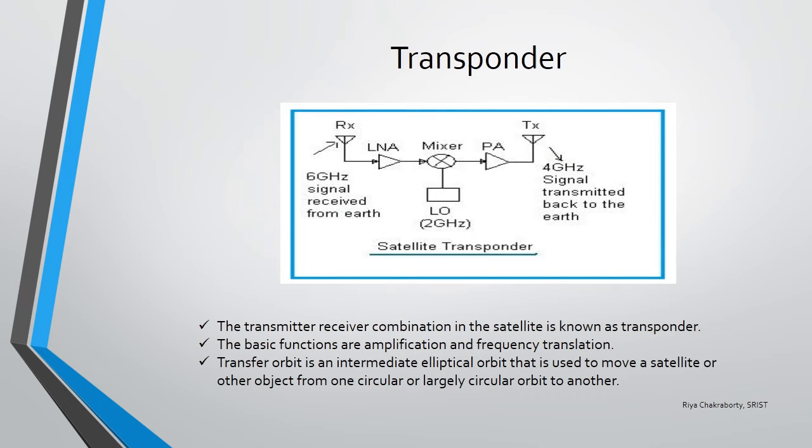Now, the most important part is the transponder. Communication satellites are not originators of information to be transmitted. Although this is the case in some other types of satellites, it is not true for those used for communication purposes. Communication satellites are instead relay stations for other sources.